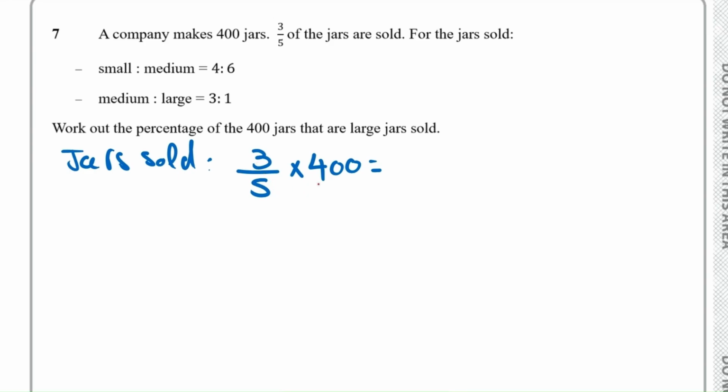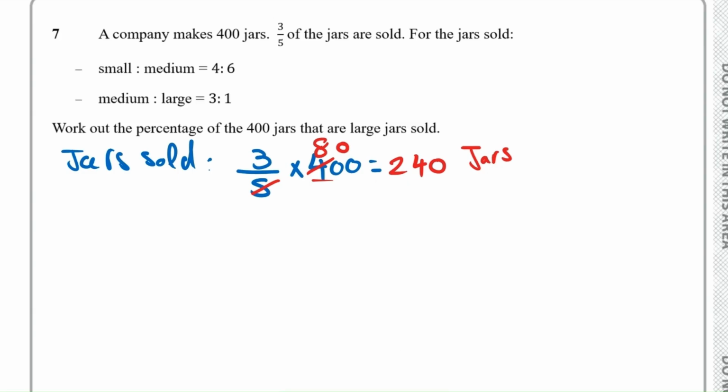So look at this one here. 40 divided by 5 is 8. And we keep 0 here. And then 3 times 8 is 24. And then bring 0 afterwards. So 240 jars are sold here.